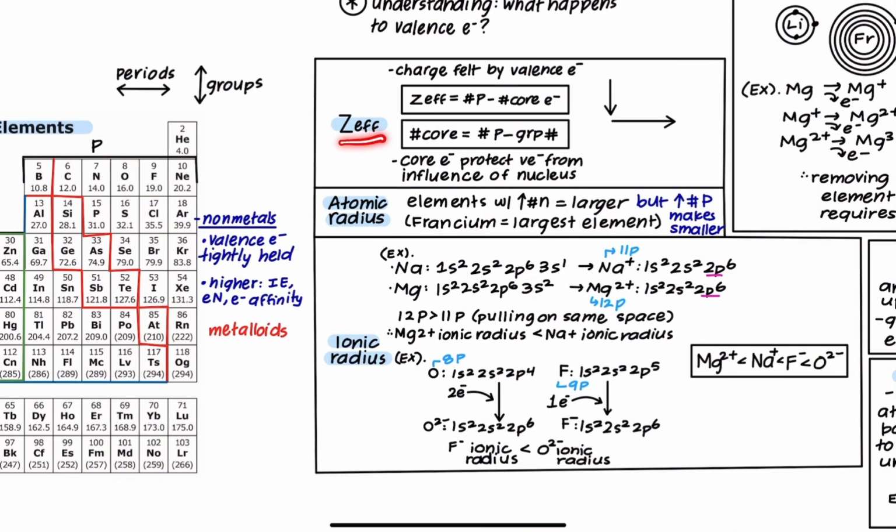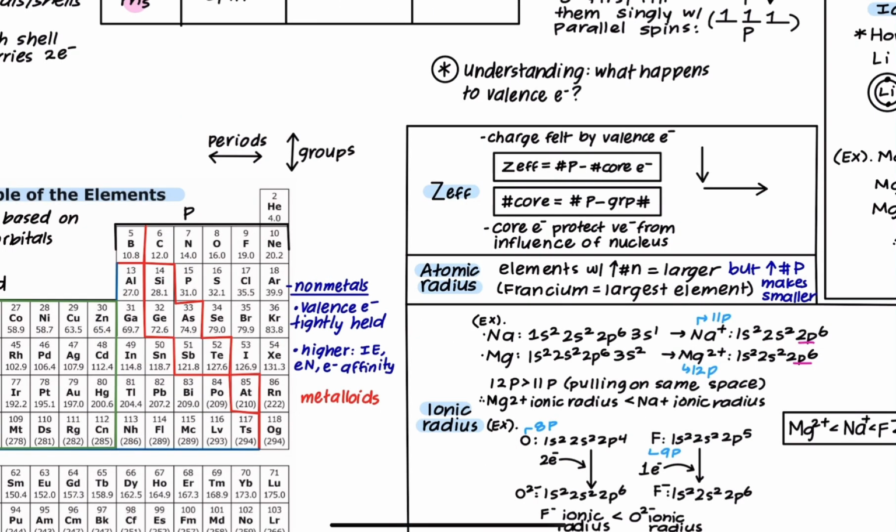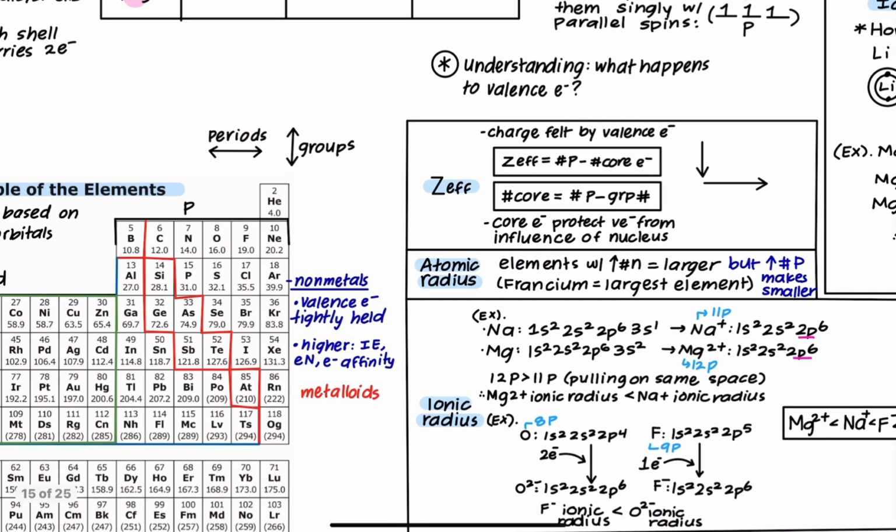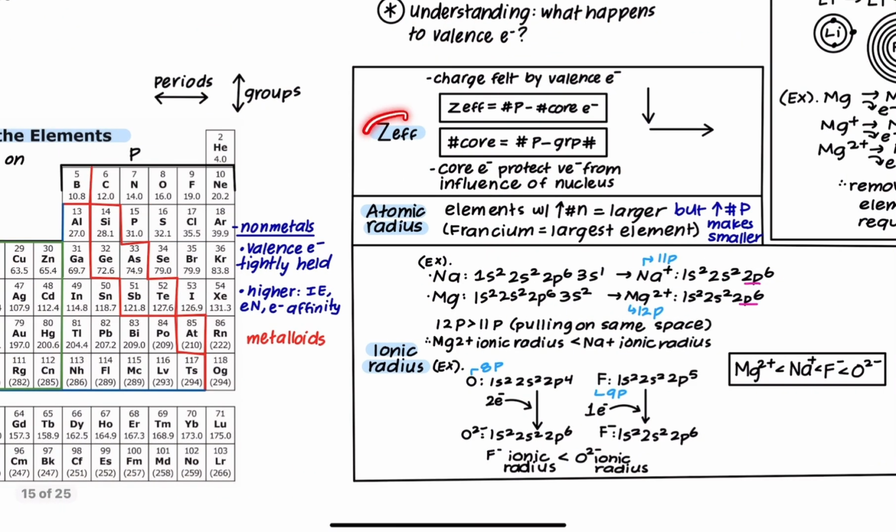The effective nuclear charge is the charge felt by the valence electrons, and essentially it's just the number of protons of the element minus the number of core electrons. So the more core electrons you have, the less charge your valence electrons are going to be feeling from the nucleus, because the core electrons protect the valence electrons from the influence of the nucleus. So this is how you can calculate the effective nuclear charge.